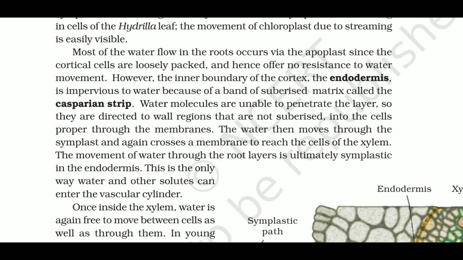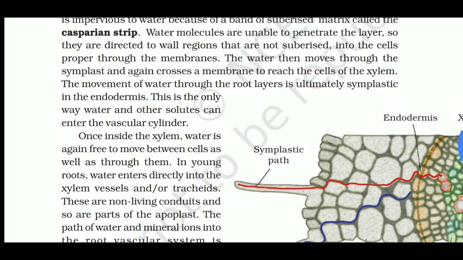Water molecules are unable to penetrate the layer, so they are directed to wall regions and are not transported into the cells proper through the membranes. The water then moves through the symplast, again crosses a membrane, and reaches the cells of the xylem.